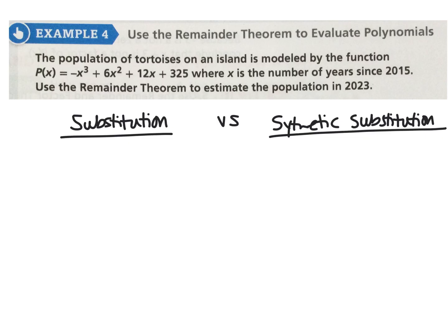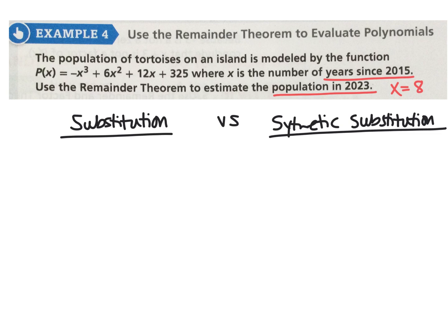Okay, and I want to do one quick example about substitution just to help you understand where else this can be used other than just division. So in traditional substitution, if I was trying to solve this problem, I'm looking at years since 2015 and a population of 2023. That means I'm looking for when x, I guess x not t, is going to equal 8.